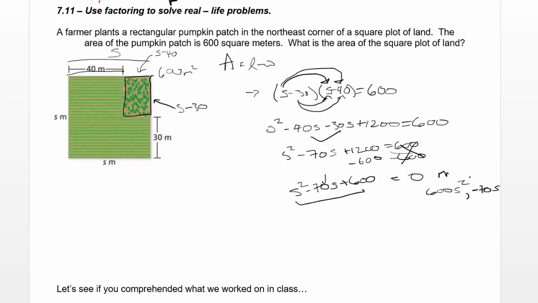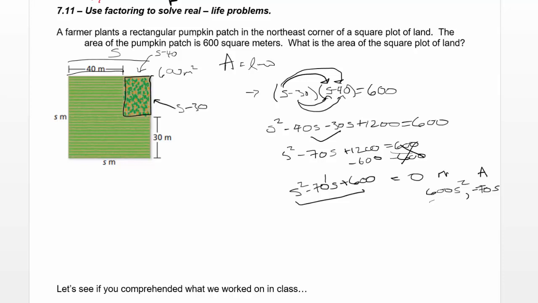So I need a pair of numbers that multiplies to 600, but adds to negative 70. Well, there are lots and lots of numbers that multiply to 600, so maybe we start with some ones that are easy to see. The easiest one is 1 and 600, but you can't add those together to get 70, so that's not going to work.